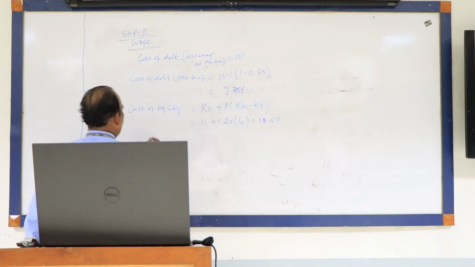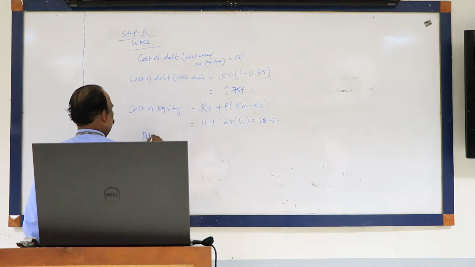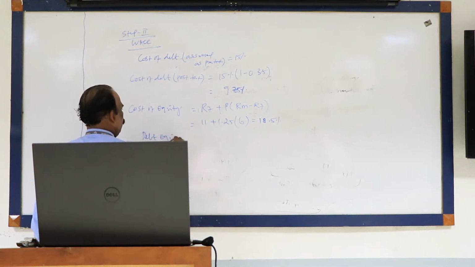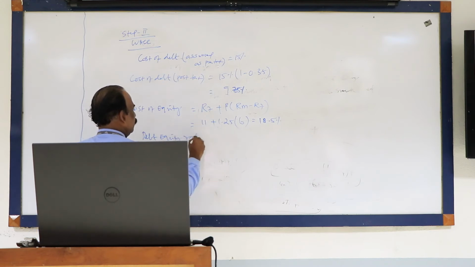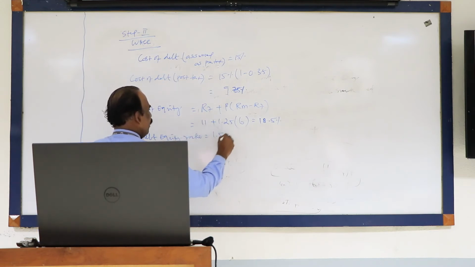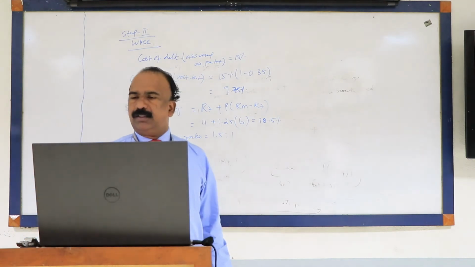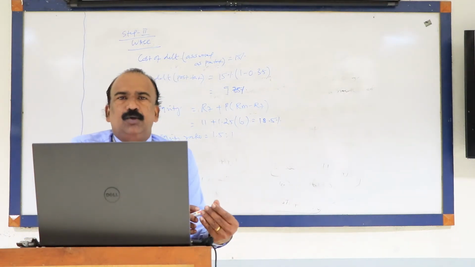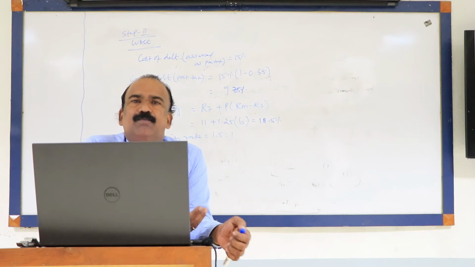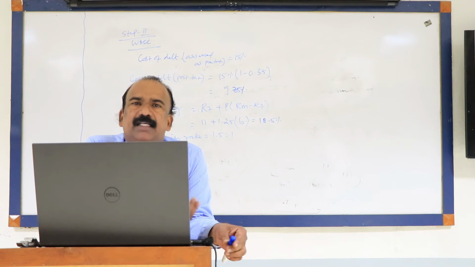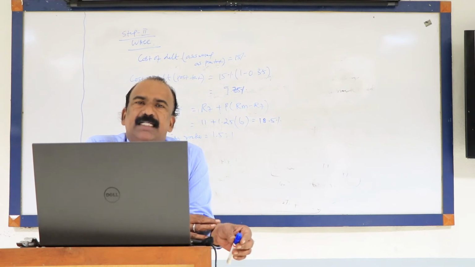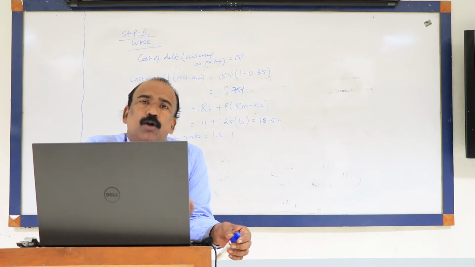So debt equity ratio is 1.5 is to 1. So debt is more. Since it's a high growth period, the company can employ more debt because there is an increase in revenue and profit, and the company can pay its interest. So the company can borrow more.